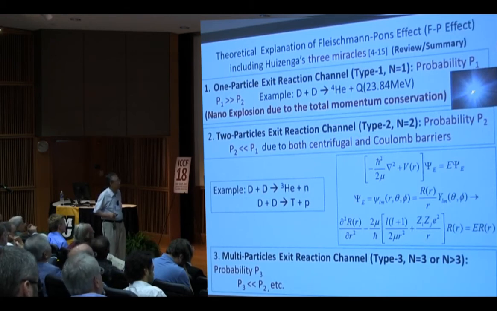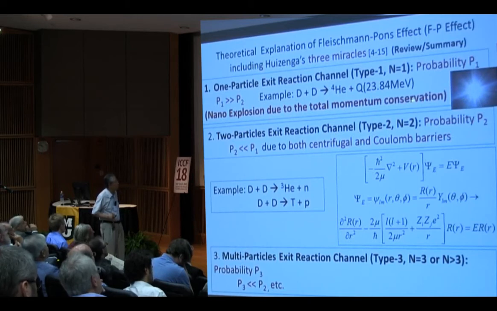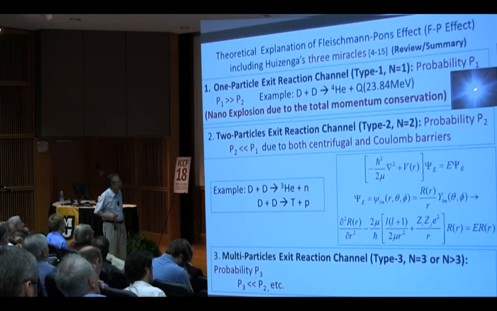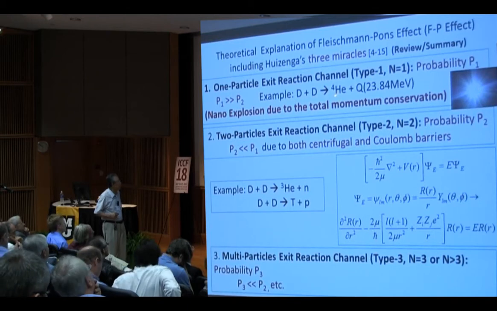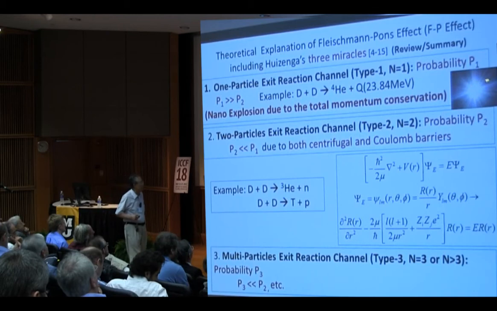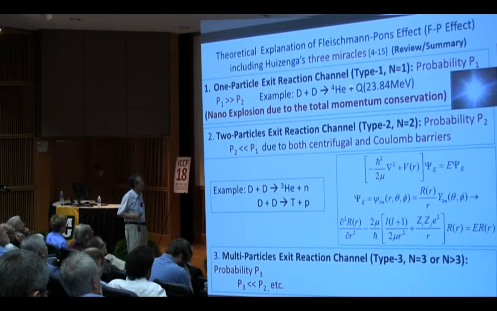In order to conserve the total momentum, we proposed that it has to explode symmetrically, including all the deuterium and helium created in there. Now this is what I call type 1, having one nucleus produced in the final state.